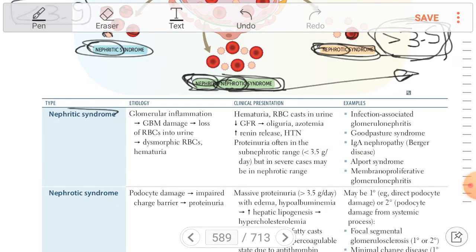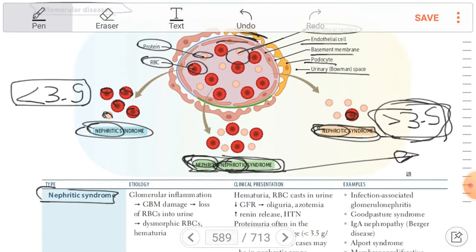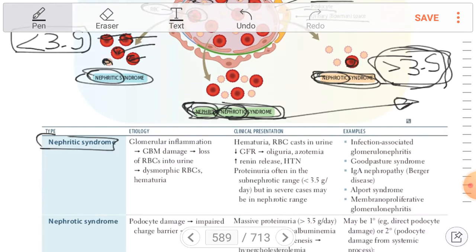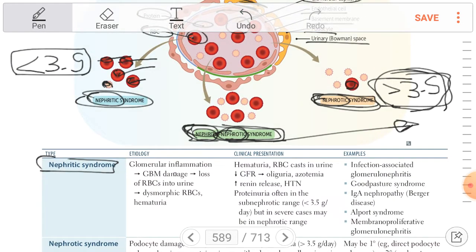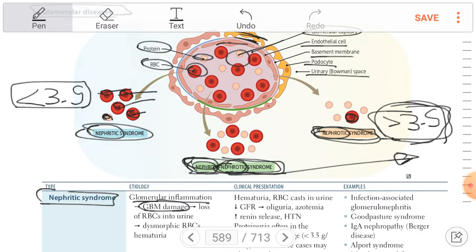So we will speak about the nephritic syndrome. What's meant by nephritic? RBCs, but the amount of protein less than 3.5 due to what? There is glomerular inflammation leading to damage of glomerular basement membrane. So we spoke about these layers. We said that from outside podocyte, then basement membrane, then the endothelial cells.